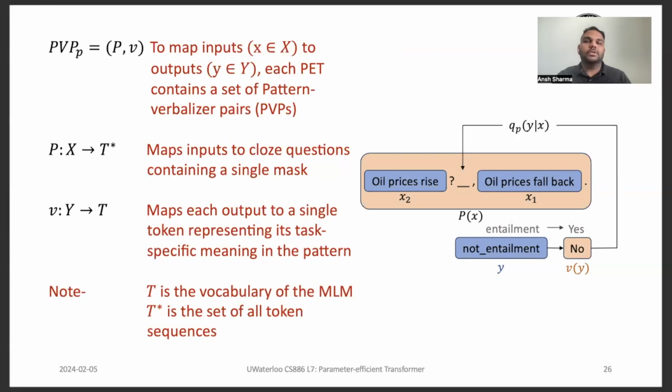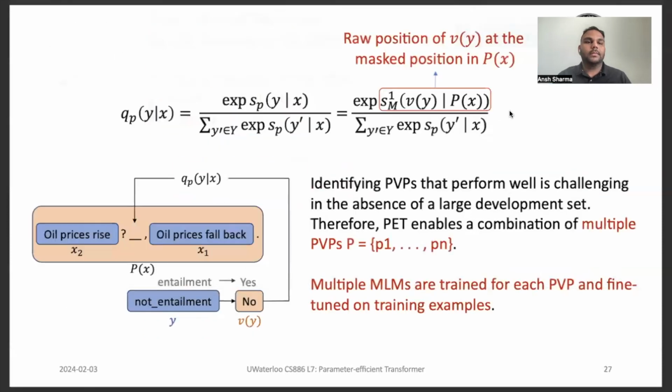Here, P maps inputs to a cloze question containing a single mask, and V is used to map each output to a token representing its task-specific meaning in the pattern. q_p(y|x) is calculated using the raw logit of v(y), that are the possible outputs to complete the cloze question, at the masked position in P(x).